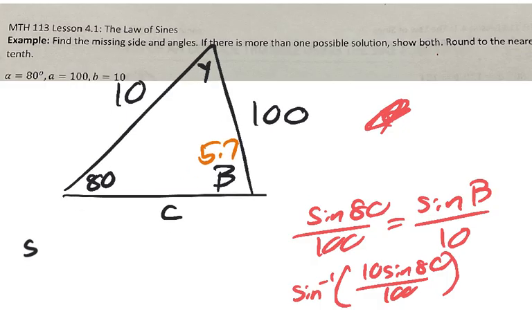So this means my missing angle would have to be 94.3. Is that right? Wait, inverse sine finds angles. So C is 5. But again, I'm just following the algebra. I don't think about it that way. I was just isolating beta.